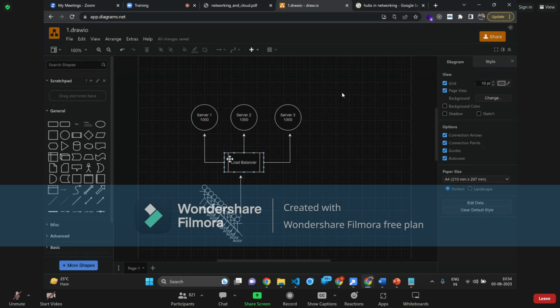A load balancer has access to how many requests are happening on server 1, on server 2, and on server 3. As soon as a new user comes in, it will decide, okay, let me send it here because the load is less here, or let me send it here because the load is less here. It will decide it. This is what a load balancer is.